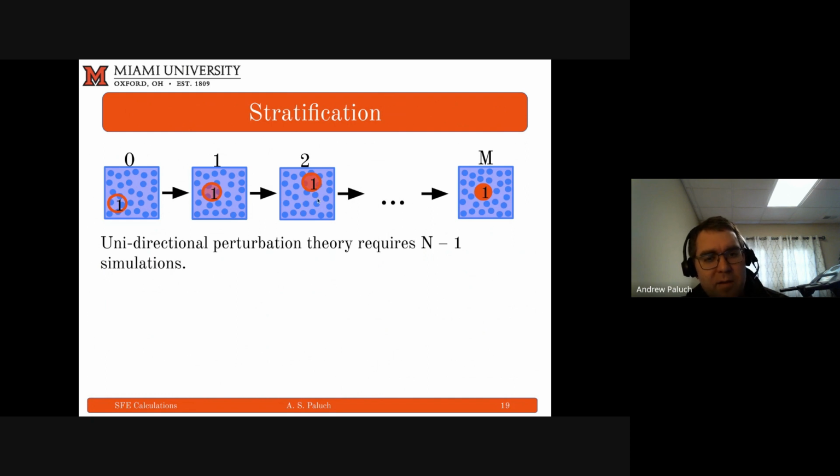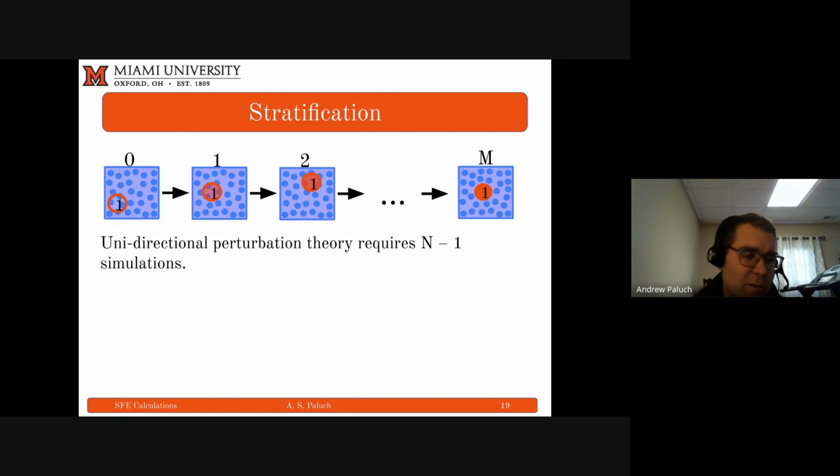If I had this setup where I have 0, 1, 2, and then m, I could compute the free energy difference between 0 and 1, between 1 and 2, and between 2 and m. And if I add those all up, that's the same as the free energy difference between state 0 and m. My free energy is a state function, so it doesn't matter how I get from 0 to m. So stratification, the idea is I can break up the calculation into a number of steps.